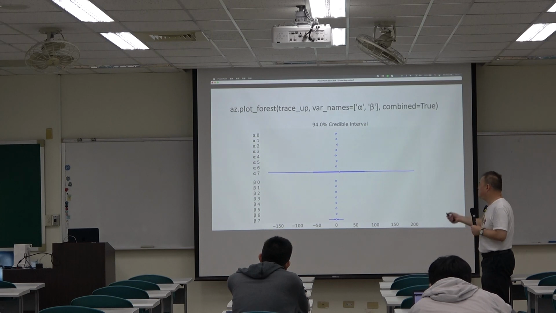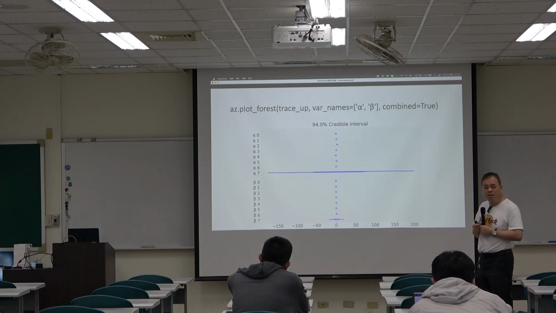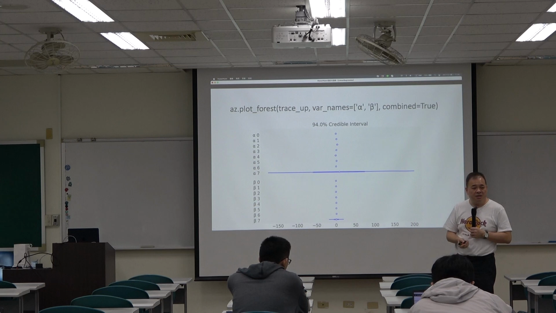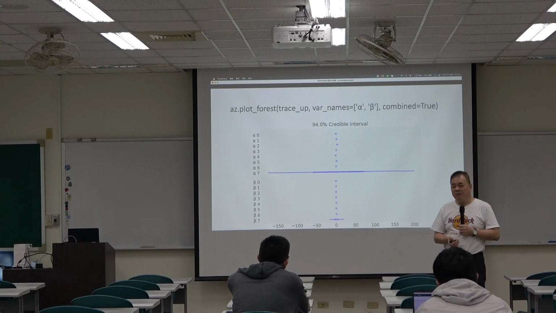So what's the problem? It's actually very simple. What we are doing is generating a linear function for a bunch of data points, right?